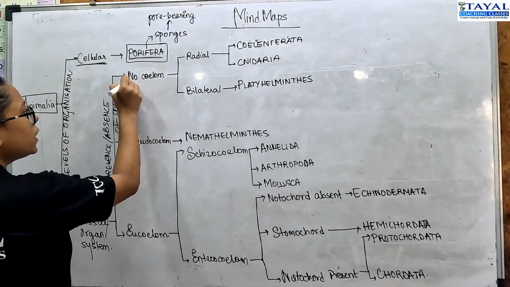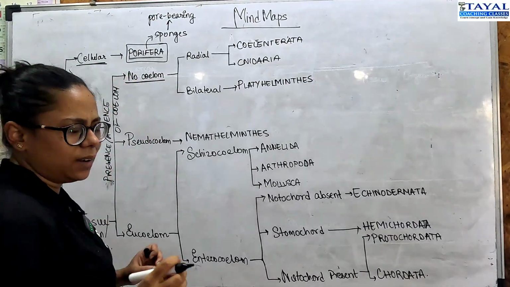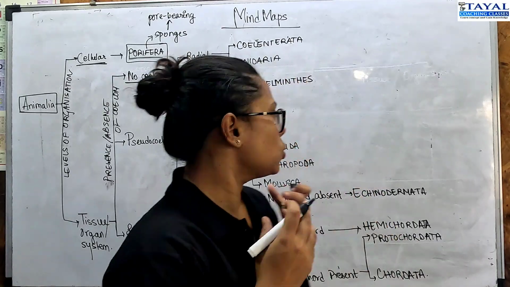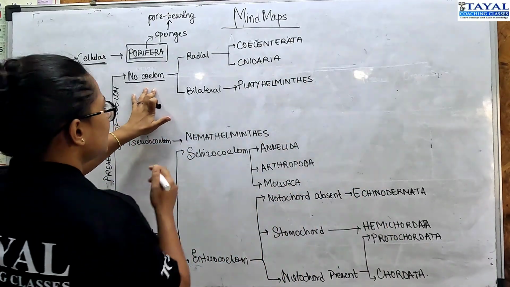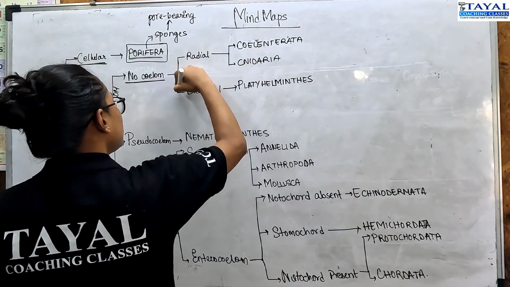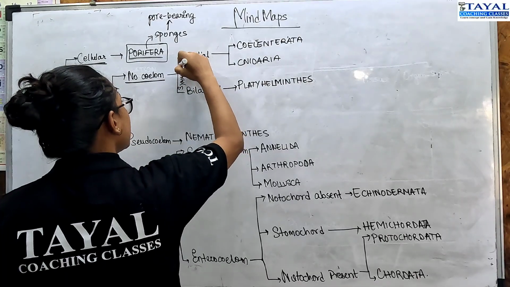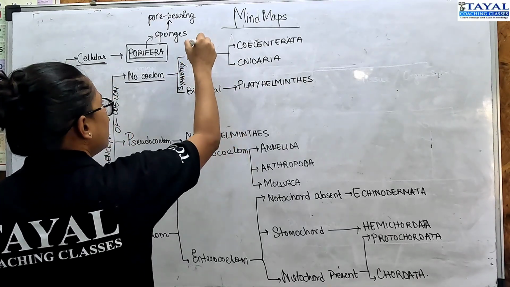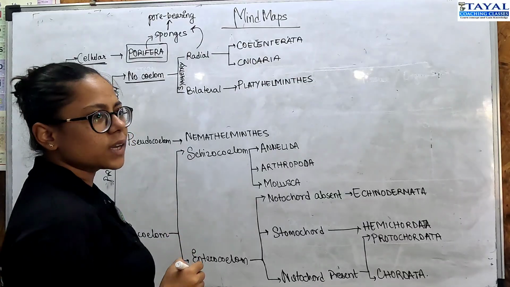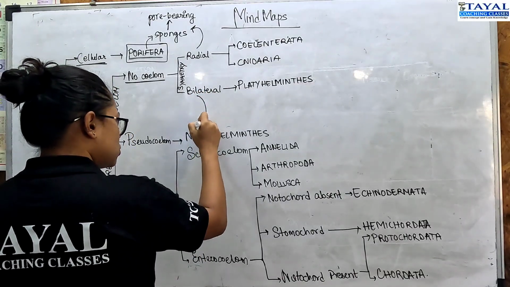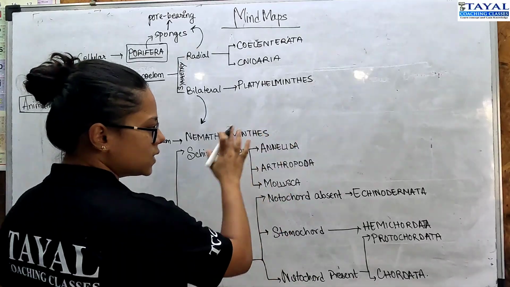So those who did not have any coelom, the acoelomates. As we know, coelom is body cavity. So those that didn't have any coelom were further divided on the basis of symmetry. Now, try and understand this. Radial symmetry also pertains to sponges. Bilateral symmetry also pertains to all of the ones below.